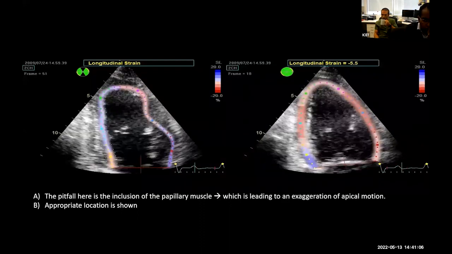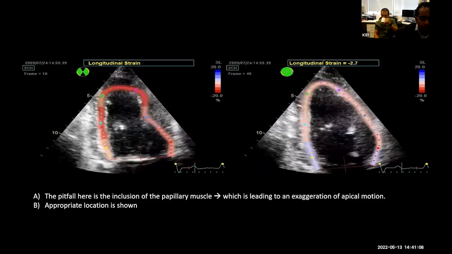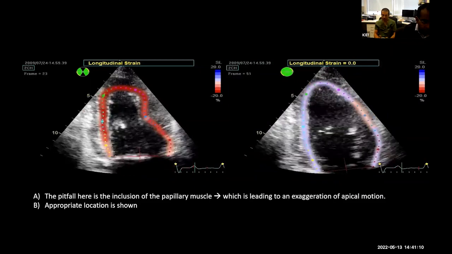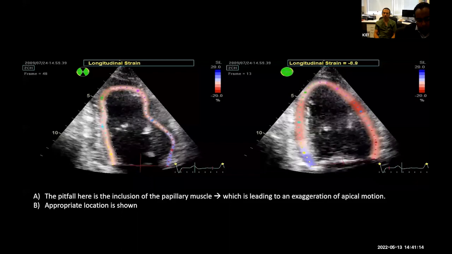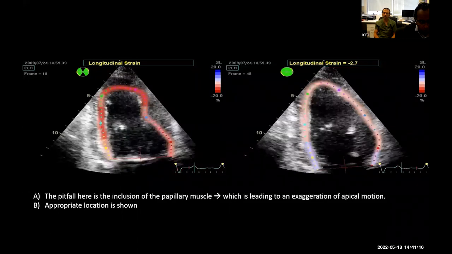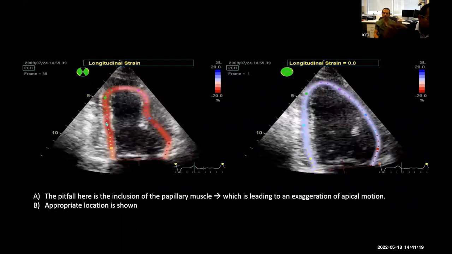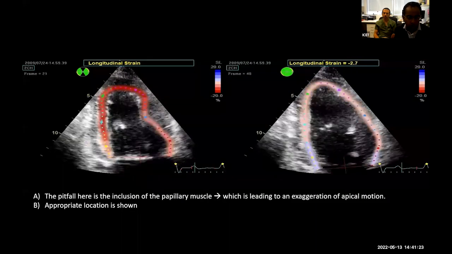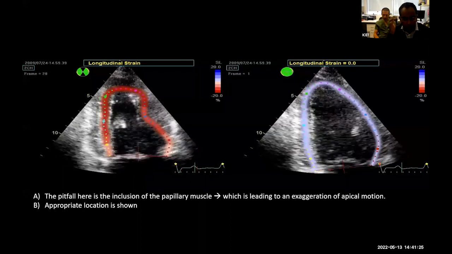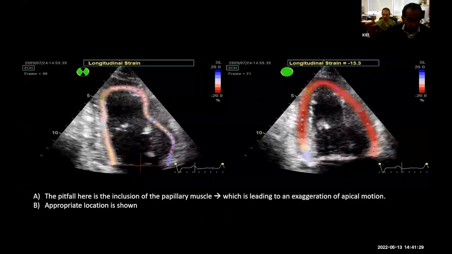And the thickness is usually set by the machine itself. You can adjust that on your ultrasound machine, or depending on what the machine is, or even when you do post-processing, to make it thinner or thicker. If the machine had made it too thick and it's tracking the endocardium, you can adjust that.